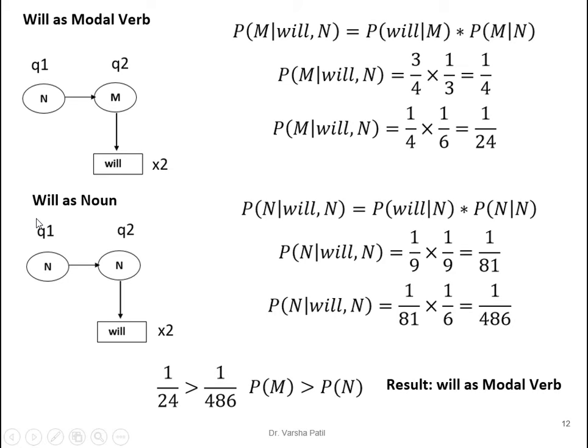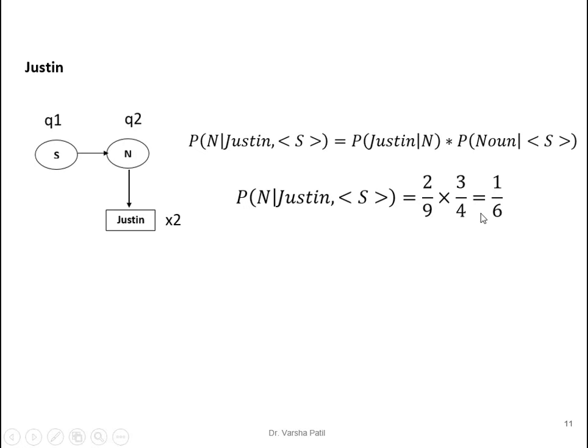We are using dynamic programming, so whatever the previous answer, we use it in the multiplication, because in dynamic programming we solve the small sub problems, store that answer, and use it in the subsequent calculation. So after the first word we get the final answer, that probability is 1 by 6 and the part of speech tag is noun. We are not going to change it, it is kept as a noun.